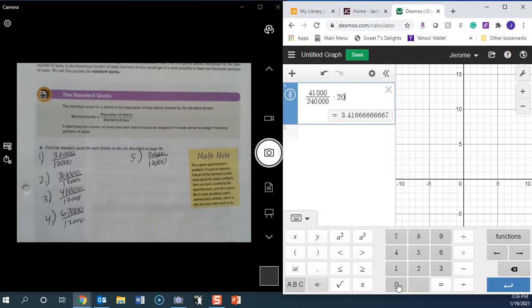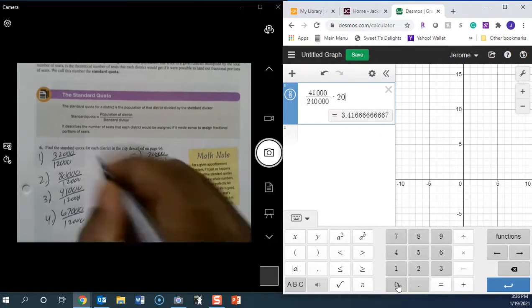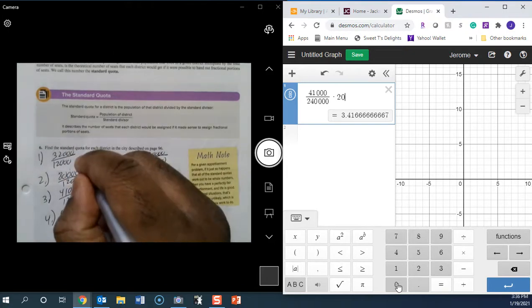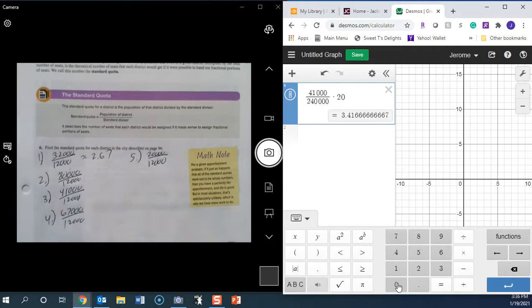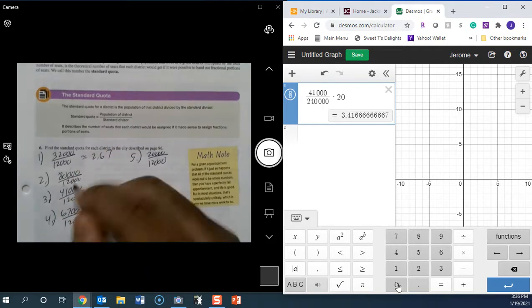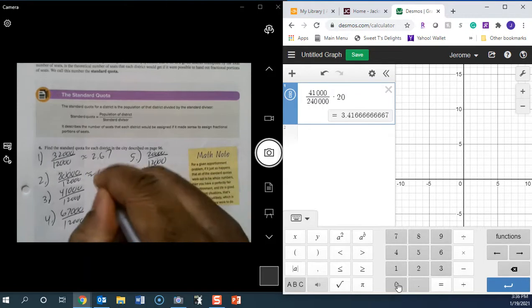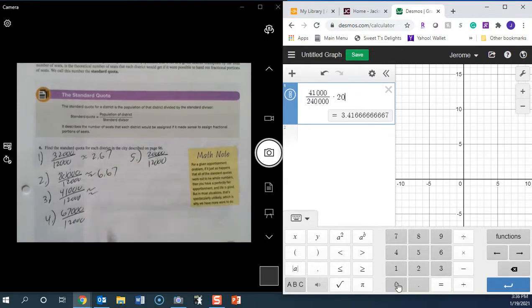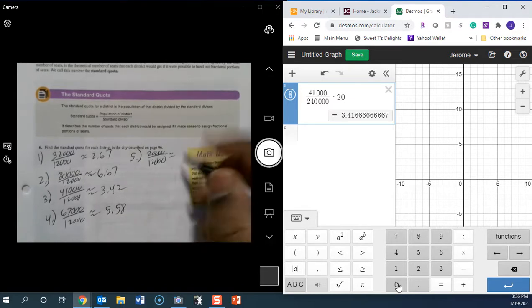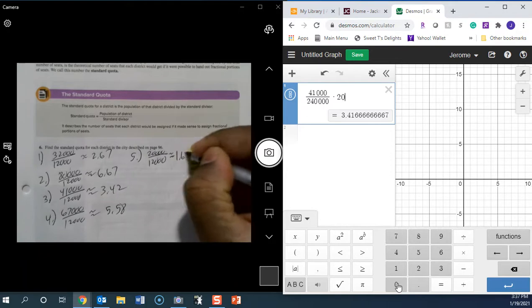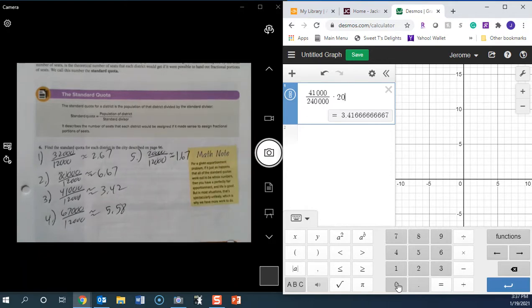So 32,000 divided by 12,000 would give us approximately 2.67. The 80,000 divided by 12,000 will give us approximately 6.67. We already did District 3 back in problem number 5, which would give us 3.42. Then the 67,000 divided by 12,000 is 5.58. And then finally here, the 20,000 divided by 12,000 will be approximately 1.67. So these are all of the standard quotas.